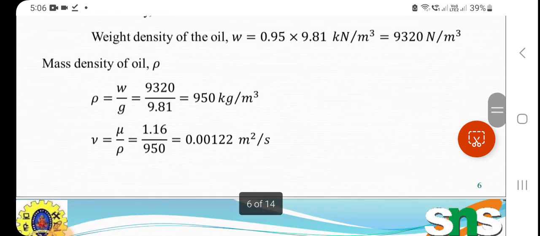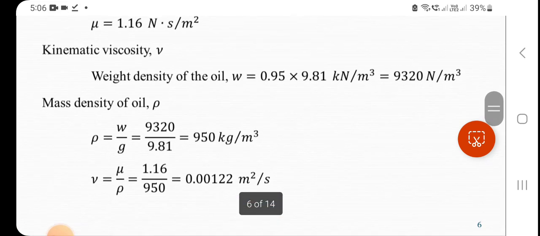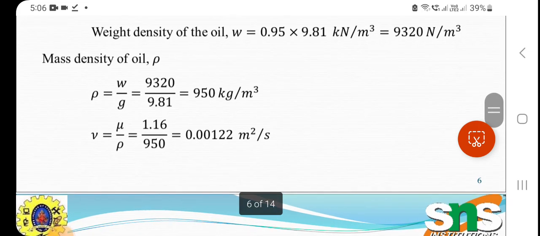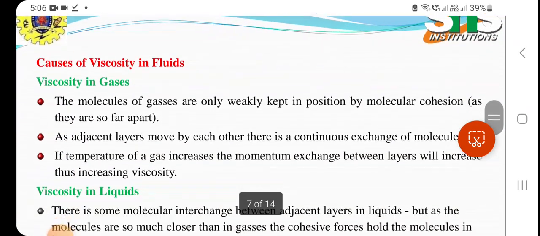And we know the relation: weight density of the oil is equal to rho into g. So we need mass density of the oil. So rho is equal to W by g. We know W and g also. So it is 950 kg per meter cube. Kinematic viscosity nu is equal to mu by rho. We know both mu and rho. So it is 0.0122 meter square per second.